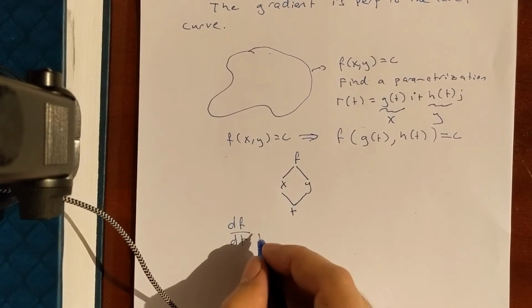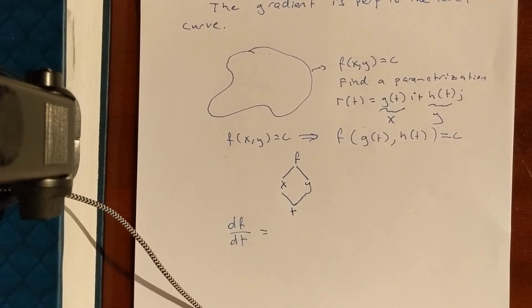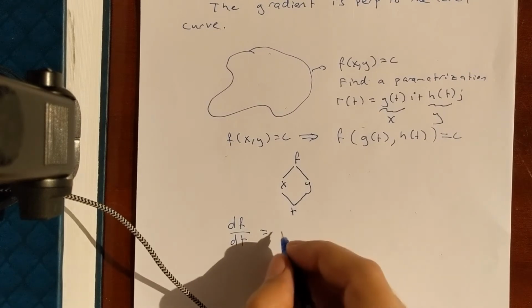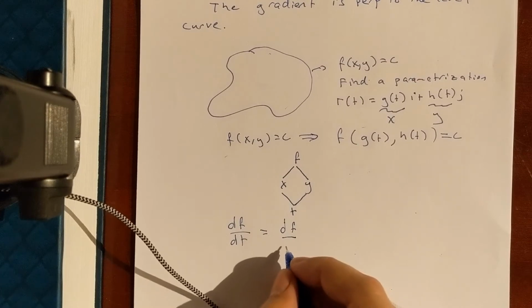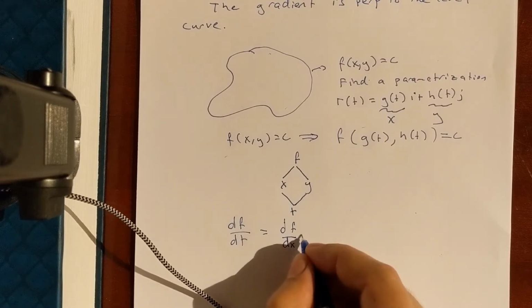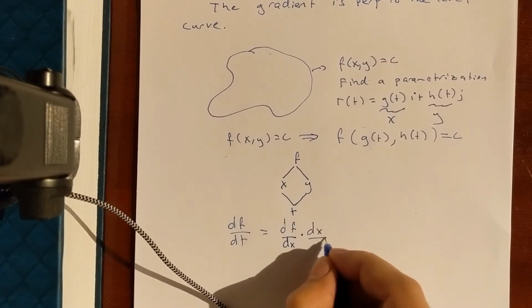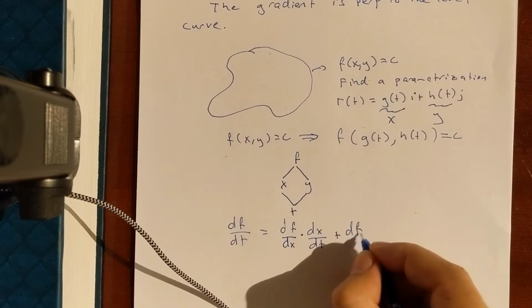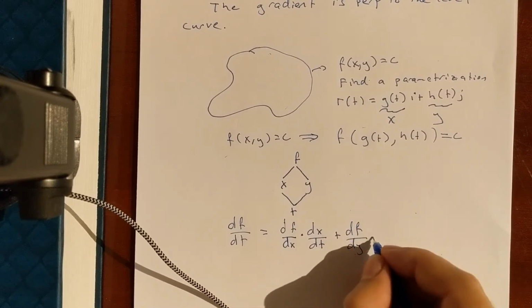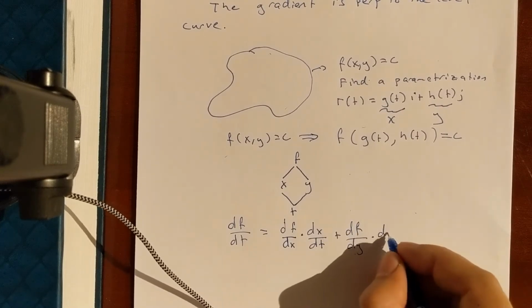that would be the same thing as df dx times dx dt, plus df dy times dy dt.